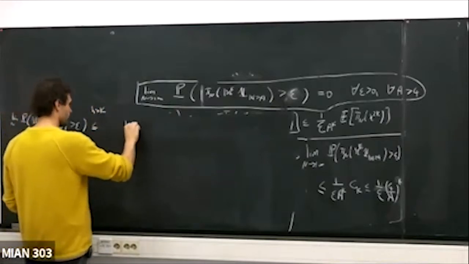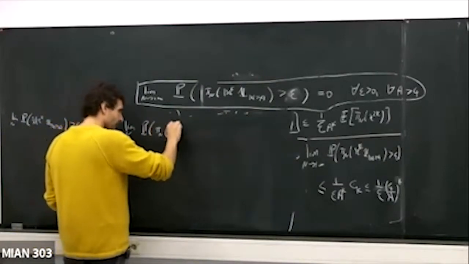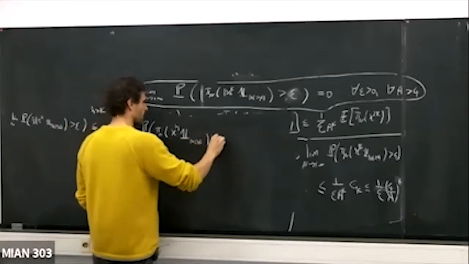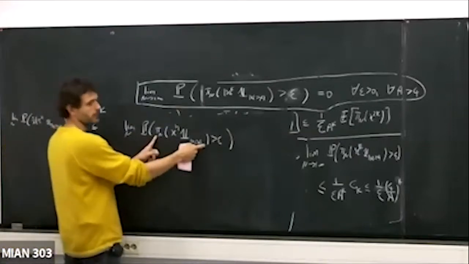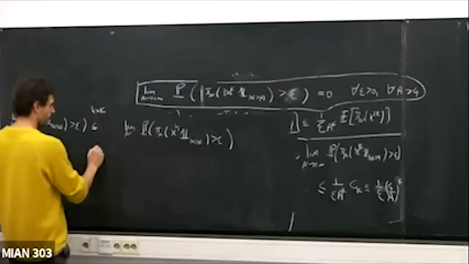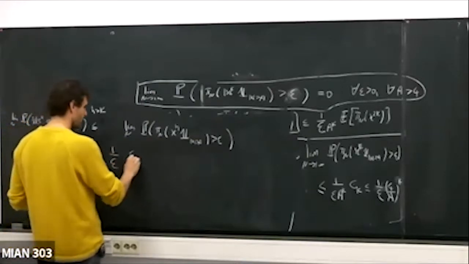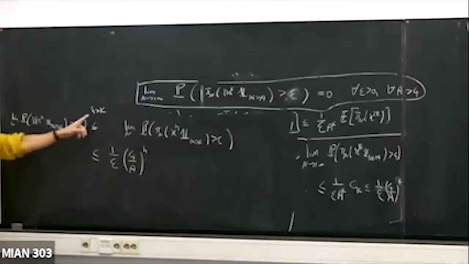the same limit of the probability of pi n of x to the h, x bigger than a, more than epsilon. Yes, if this was bigger than epsilon, then this is also bigger than epsilon. So the probability is smaller, which is, however, smaller than 1 over epsilon times 4 over a to the h for each h bigger than k.